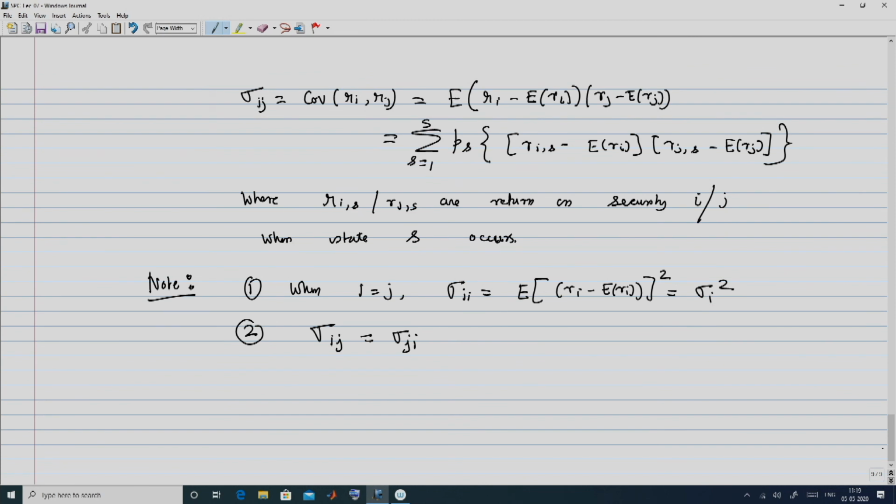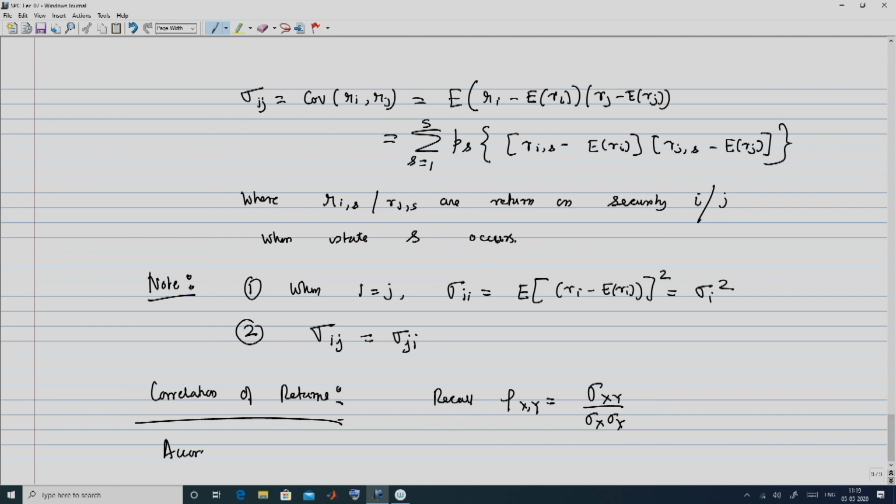All right. So, we now come to the last concept, which is a fallout of the covariance of returns, and that is the correlation coefficient, the correlation of returns. So, recall that the correlation coefficient rho x y between two random variables x and y is sigma x y over sigma x into sigma y.